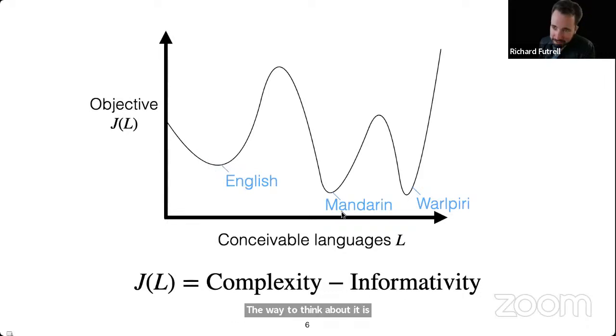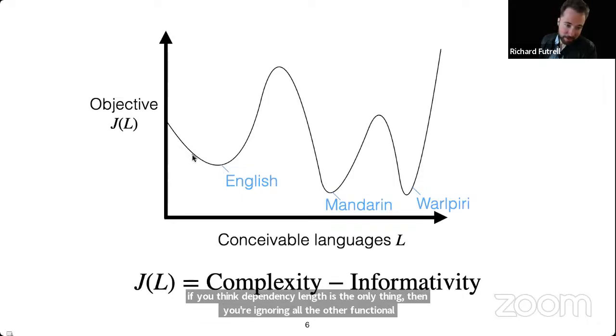you don't actually expect languages to be in minima of this landscape. You don't expect them to have completely minimal dependency length because A, there are random chance factors in evolution. And B, if you think dependency length is the only thing, then you're ignoring all the other functional pressures on language.